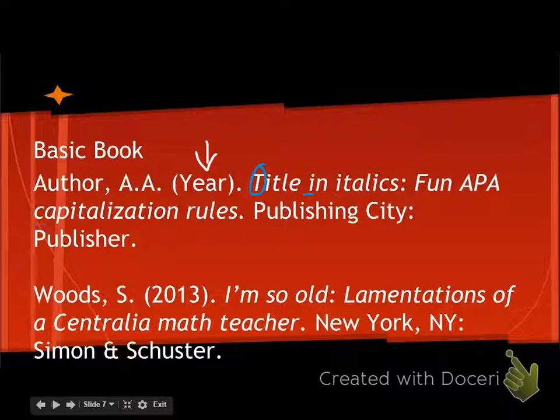Those aren't capitalized because the only things that are capitalized in APA titles is the first letter after a colon, and anything that's always capitalized, like in this case an acronym, or in this case a proper noun. And other freak rules like the word I would be capitalized all the time.